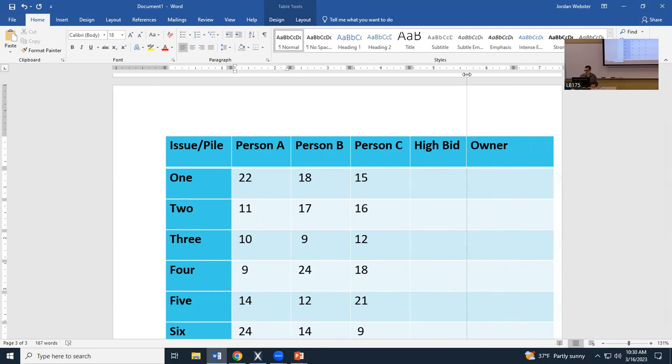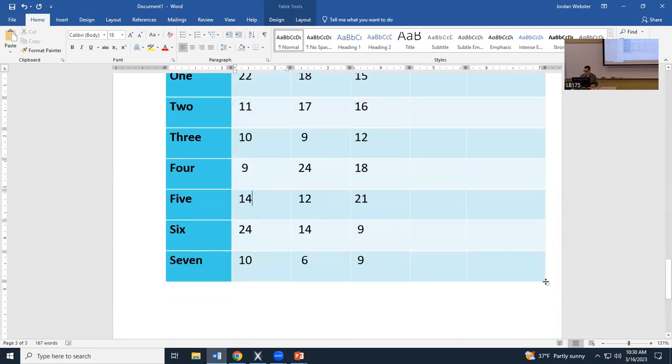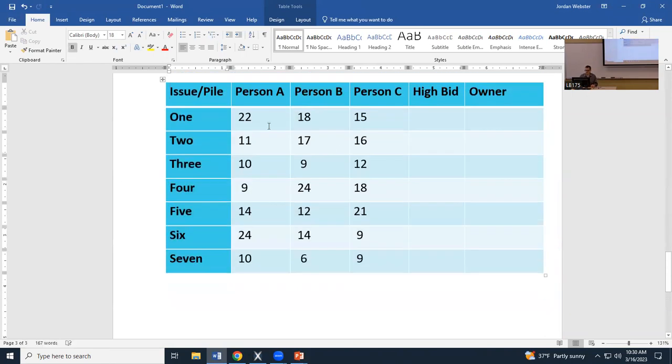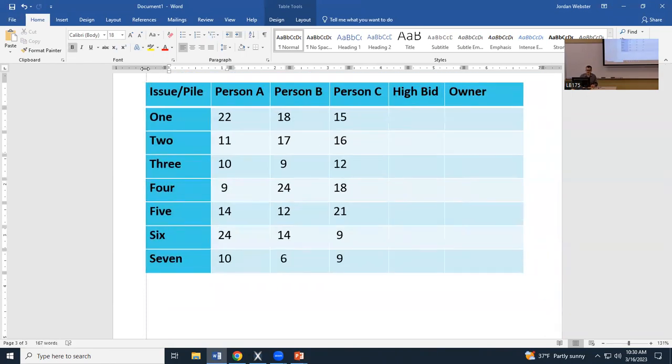I don't like having to adjust all the margins every time, but it's the way it goes.